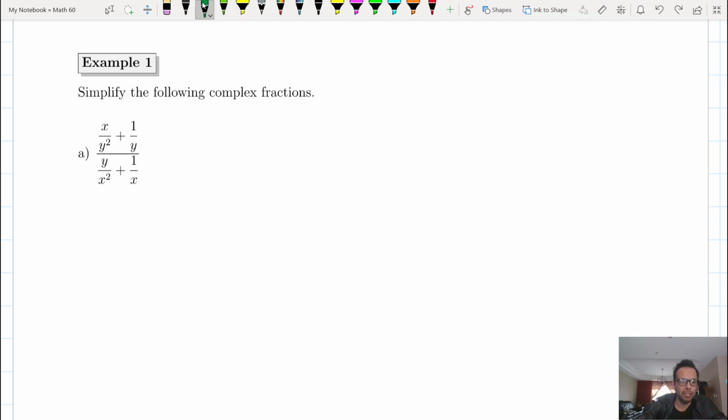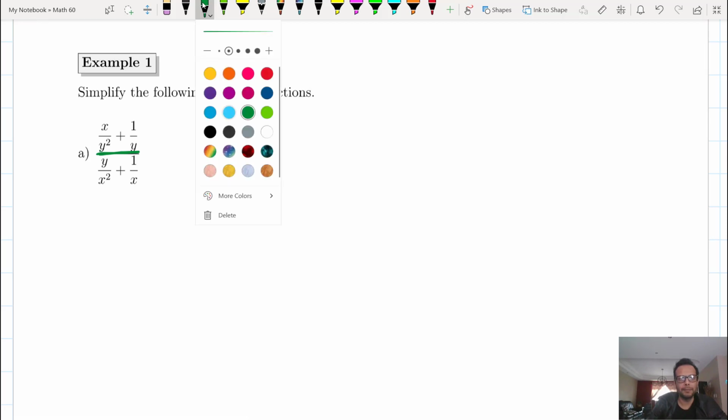Essentially, a complex fraction is a huge fraction with many fractions inside of it. So this will be the main division. We are going to have the numerator and the denominator simplified first.